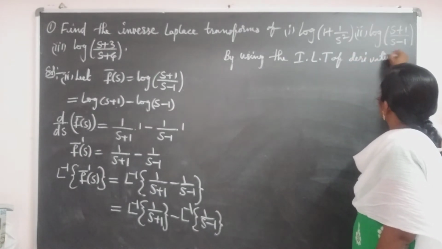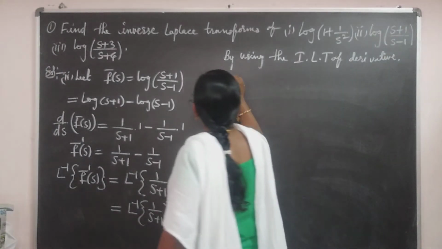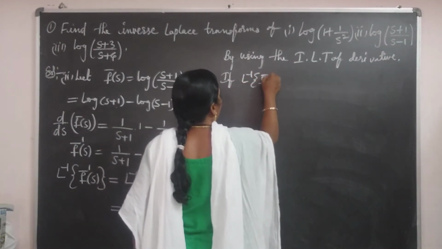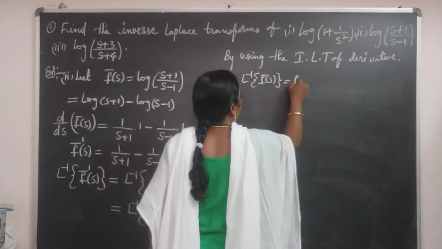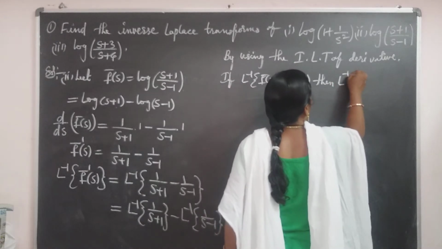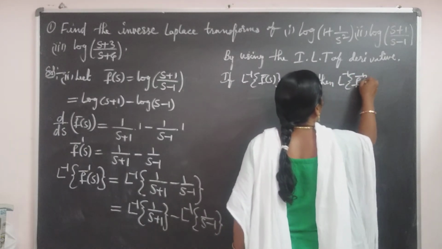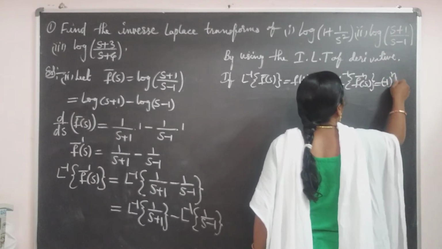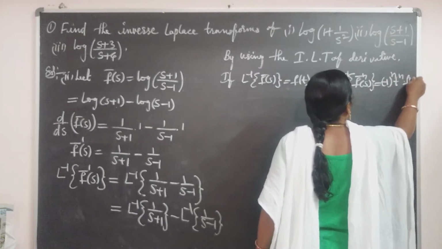that is, if L inverse of f bar of s is equal to f of t, then L inverse of f bar n of s is equal to minus 1 whole power n, t power n f of t.